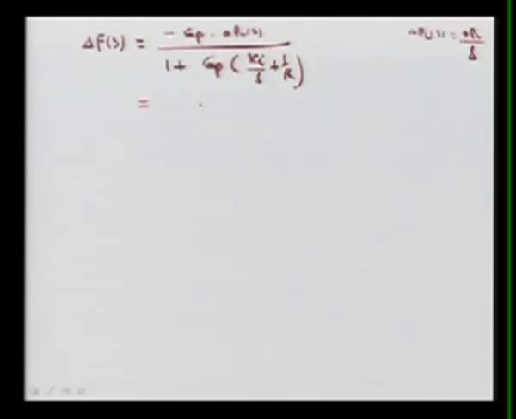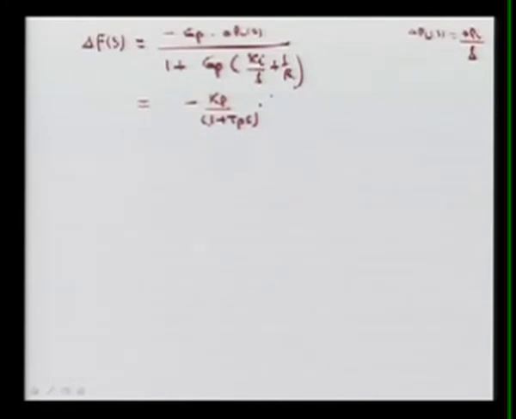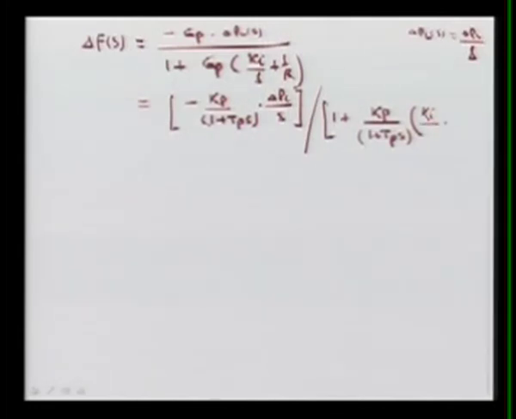I can again simplify this. Gp is Kp times 1 over 1 plus TpS, and Tp we already saw is approximately 20 to 25 seconds, multiplied by this PL divided by S, and the complete division will be divided by 1 plus again Kp times 1 over 1 plus TpS, and we have here Ki, the gain of the integrator, times S plus 1 over R.